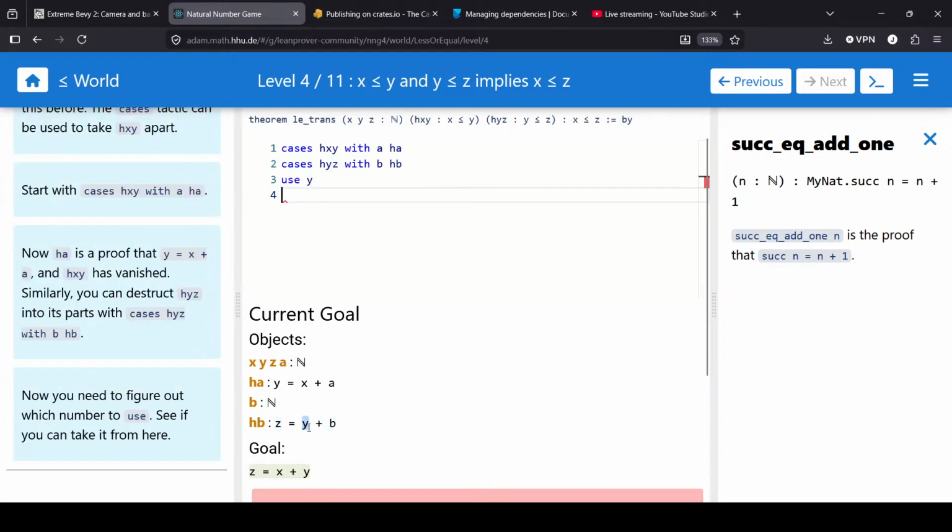Because z equals y plus some b. We know that x is less than or equal to y, and y is less than or equal to z. So it could be like 1, 2, and 3. But it could also be like 1, 3, and 4.